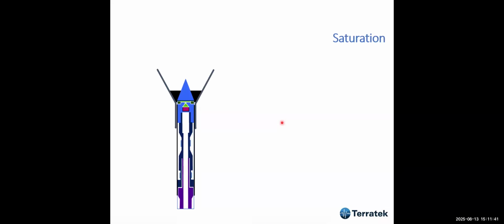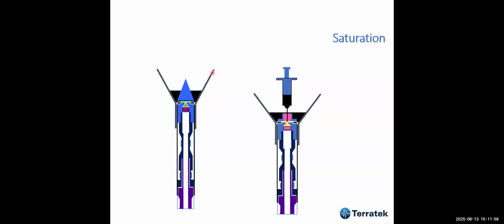The other thing that I learned how to do was with the late Professor Campanella, how to do the saturation of these elements in the field. We use a cone like this, a plastic cone, and we use a syringe and insert the liquid.